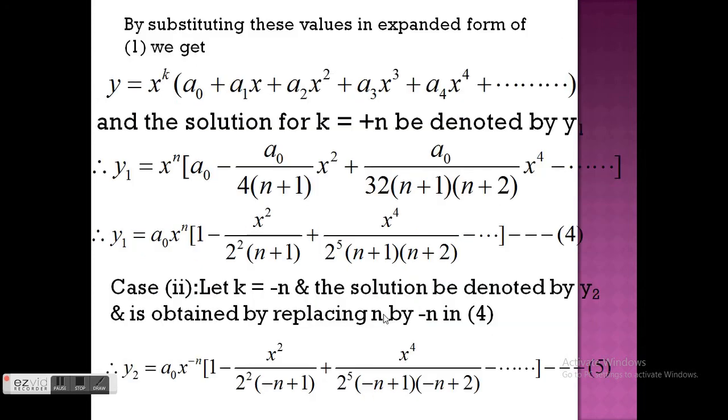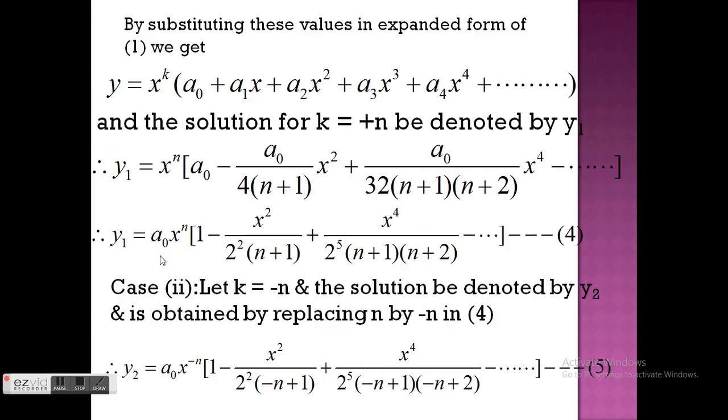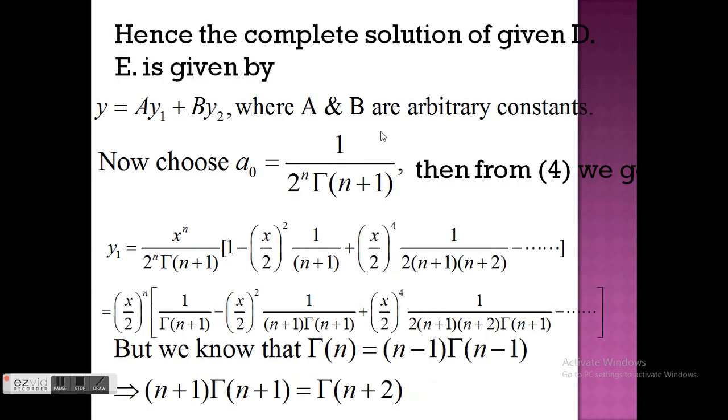Then this a naught value I am substituting in the solution of y1. We get y1 is equal to x to the power n divided by 2 to the power n into gamma n plus 1. A naught I have taken common, into 1 minus the remaining terms, which I have written as it is: x by 2 whole square into 1 by n plus 1, x by 2 whole to the power 4.